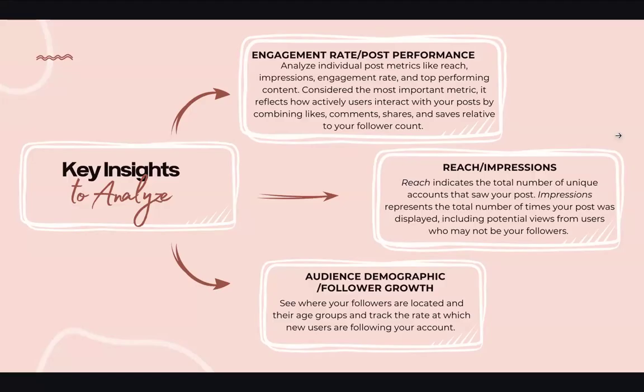So your post can be shown on the explore page or the feed or the reels tab. But if someone's not watching it or actually looking at it, that's just an impression, right? A reach is somebody actually looking at it or watching it. Okay. And then audience demographic and follower growth. So where are your followers located, their age groups, the rate at which new users are following your account, all of those different things. Okay.